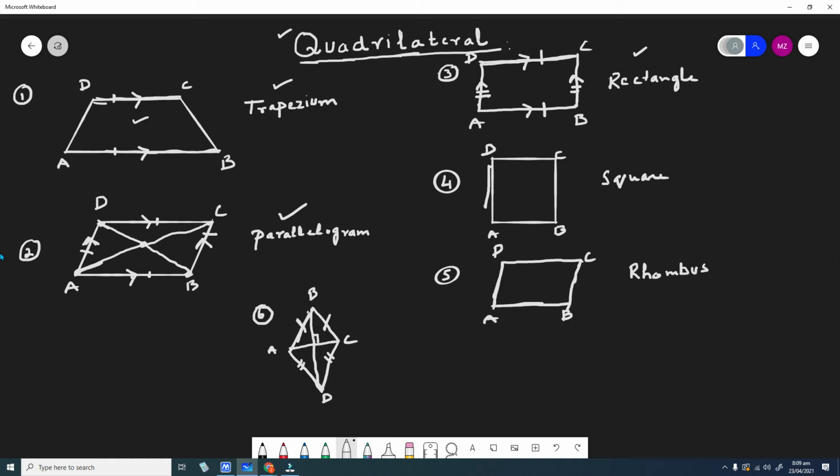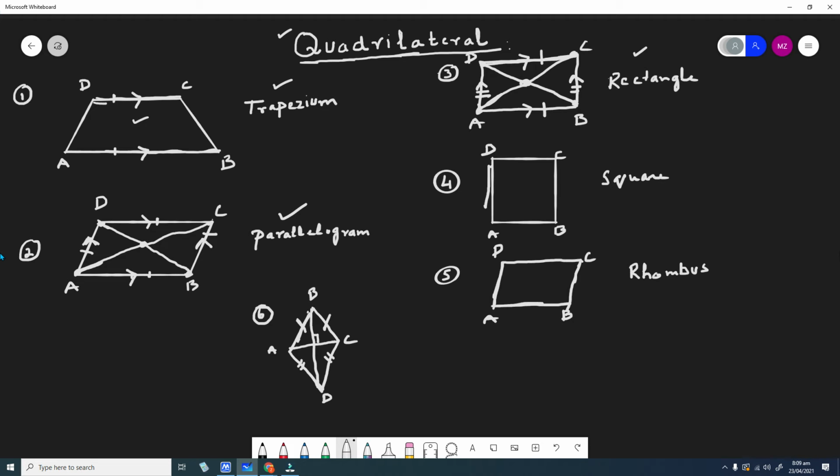If we draw the two diagonals of this rectangle, AC and DB, these two diagonals are equal in length, and the diagonals also bisect each other.